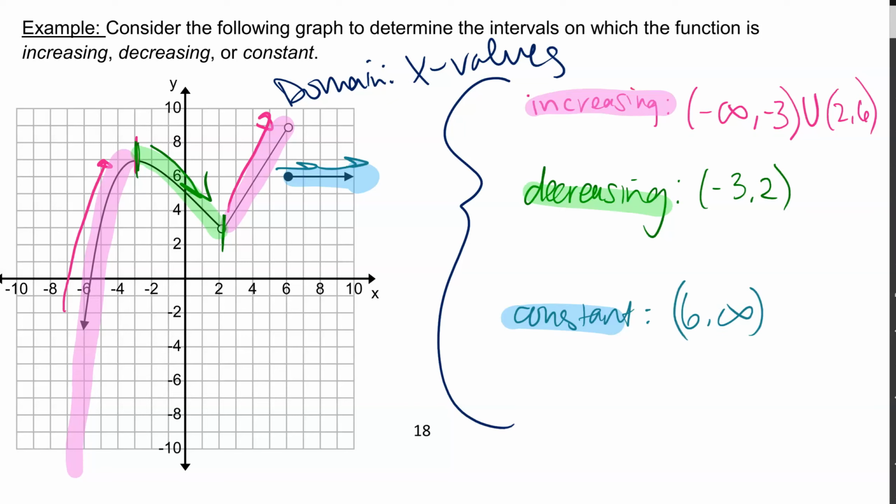Although the function has a y value when x equals 6, when we're talking about the interval where we're increasing or decreasing, we don't include the endpoints. No, we don't include the endpoints. When we're talking about intervals of increasing, decreasing, we don't include the endpoints, although the function is defined there.